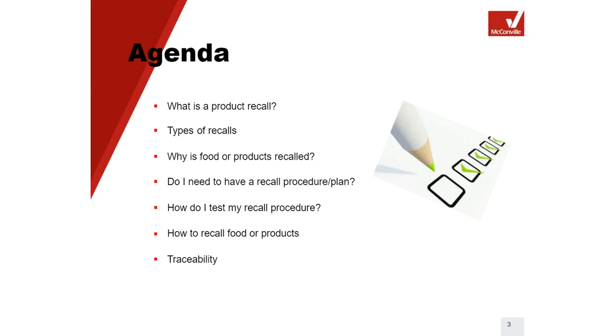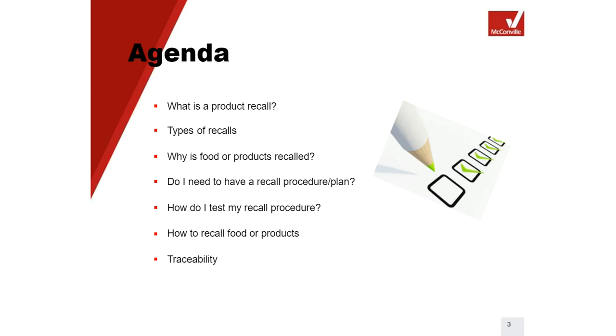But what is different is a food recall and a food withdrawal, or a product recall and a product withdrawal. From time to time, you might have heard the terms product recall and product withdrawal and wondered what the difference is. And yes, there is a difference. A product recall or a food recall removes food from distribution, sale, or consumption because it presents a significant safety risk or threat, and the product could be defective or contaminated.